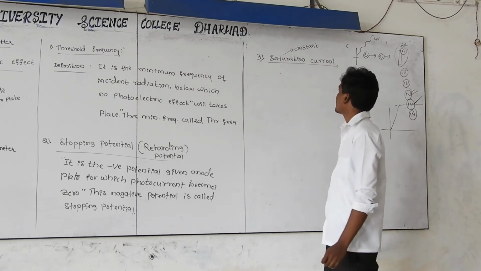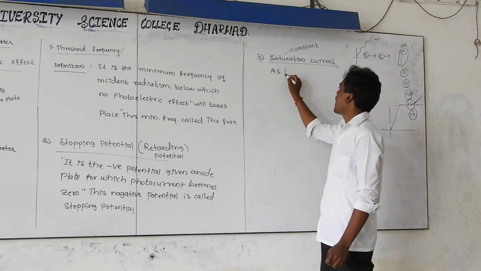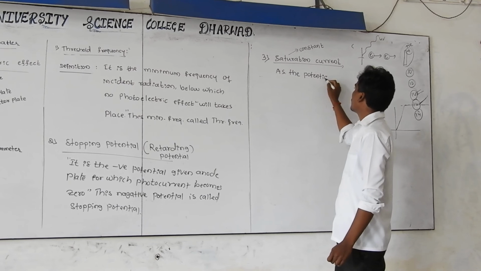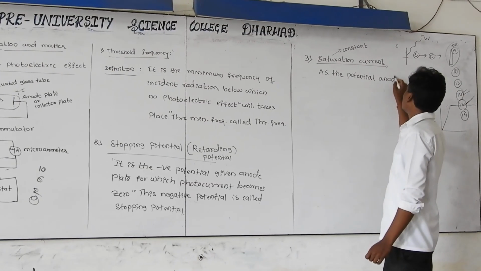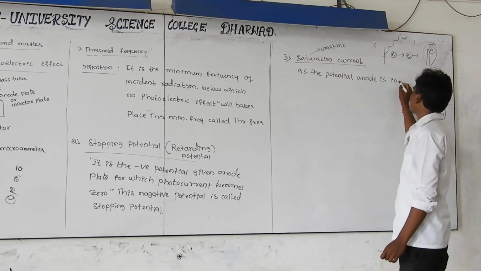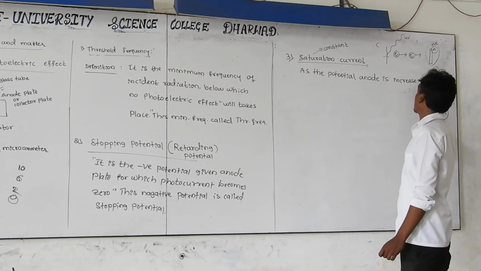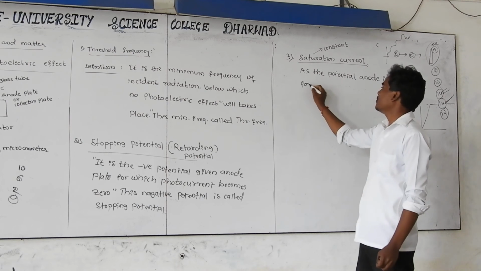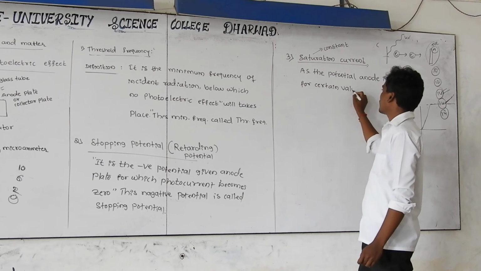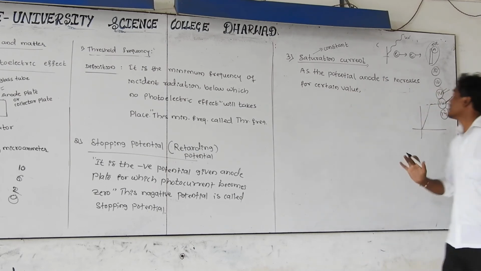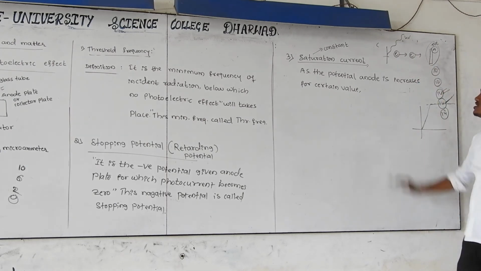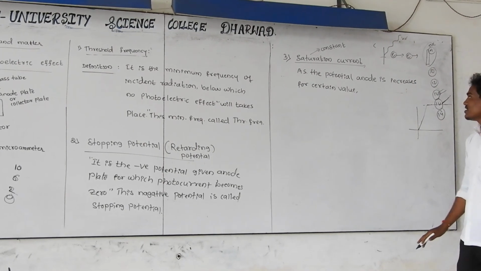The definition of saturation current is as the potential of the anode increases for a certain value, but the condition is that you should not change the intensity of radiation as well as the frequency. Don't change the frequency and don't change the intensity.